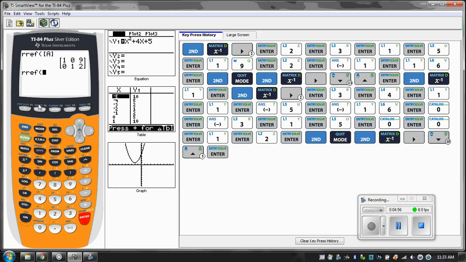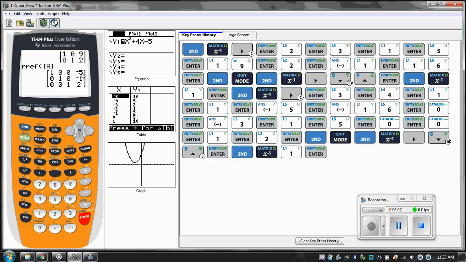It shows up right there. Now all my calculator wants to know, second matrix, is that I plugged into matrix 1. So my R is -5, my S is -1, my T is 2. And that's how you use your calculator to find systems of equations.